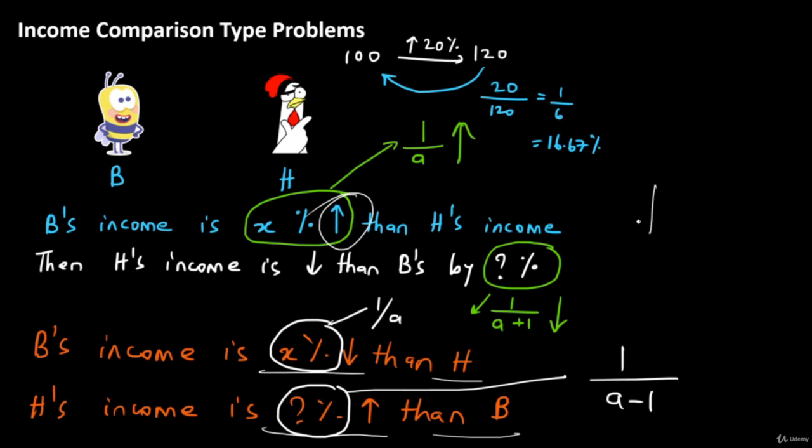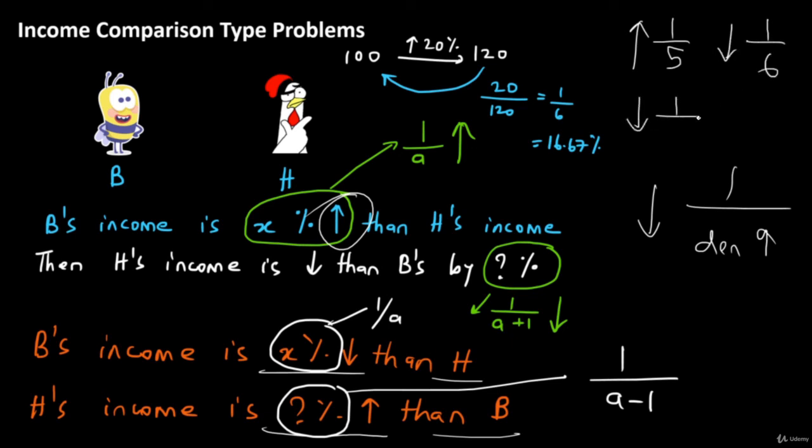Remember, wherever is the decrease, the denominator will be greater. So for example, in this case, there was an increase by 1 by 5, there would be a decrease by 1 by 6. If there is a decrease by 1 by 5, there will be an increase by 1 by 4. In both the cases, wherever there is the decrease, you have the higher denominator, right?